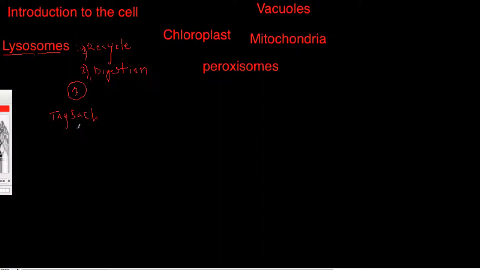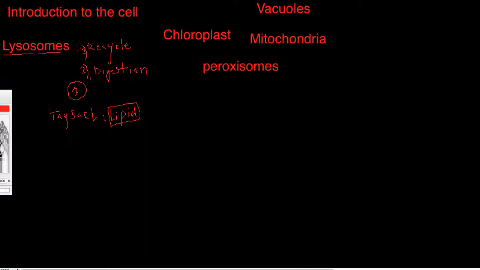It is a kind of disease in which the lysosomal enzymes which digest lipids are missing. So if a person is suffering from Tay-Sachs disease, which means the cell lacks the enzyme which digests lipids, the brain becomes impaired with lipids, and he eventually dies. So a very important organelle to have around.